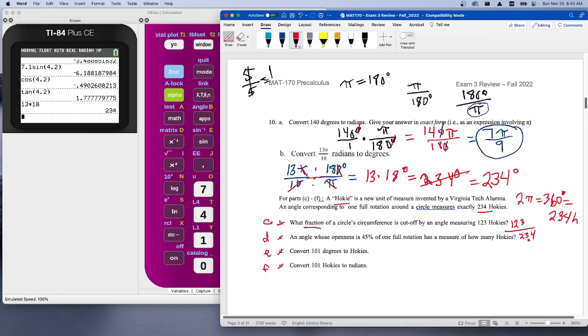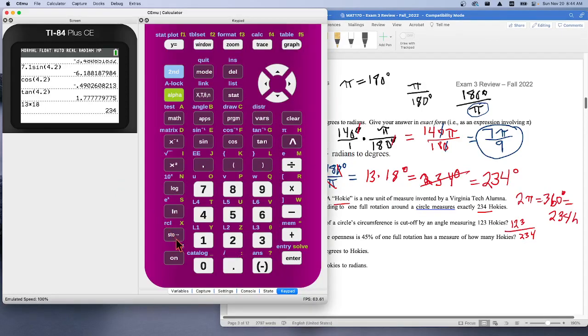Let's see, will that reduce? Probably not. But we could also do 123 divided by 234. It's a decimal, a little bit more than half. The other thing we can do, if you go to math, you can change it to a fraction.